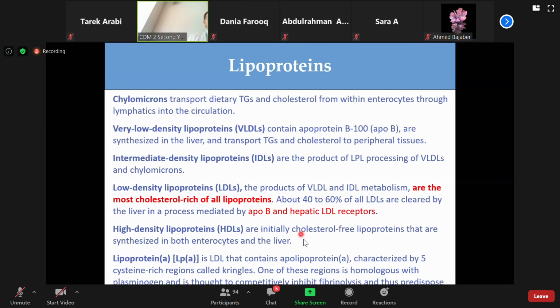Hyperthyroidism and other conditions are associated with an increase in lipoprotein A, and we'll talk about the mechanism of lipoprotein A later on, towards the end of the lecture. But you do need to know it because you can order it and measure it in the lab as well.